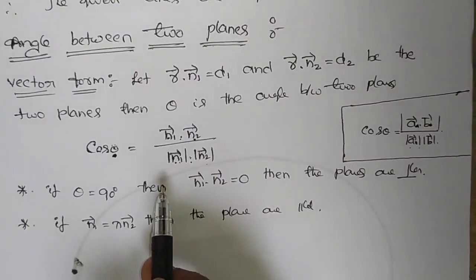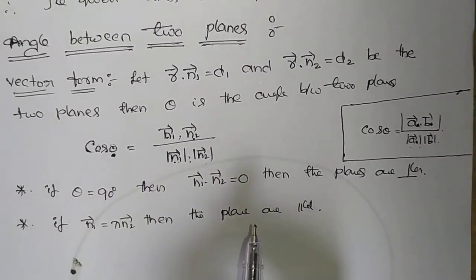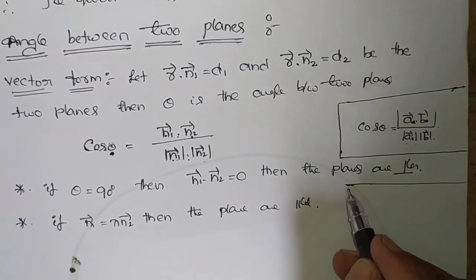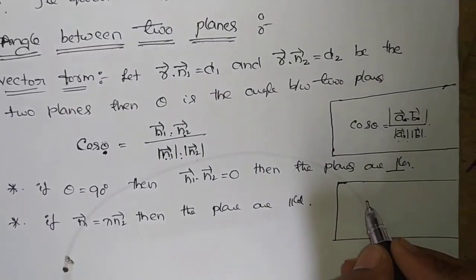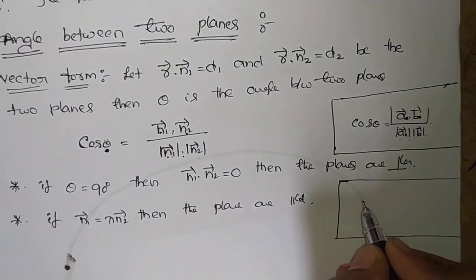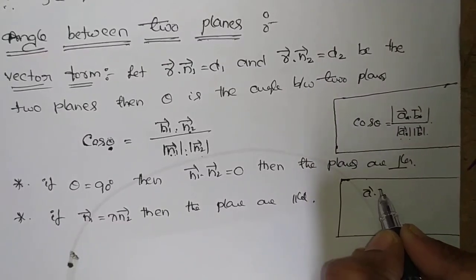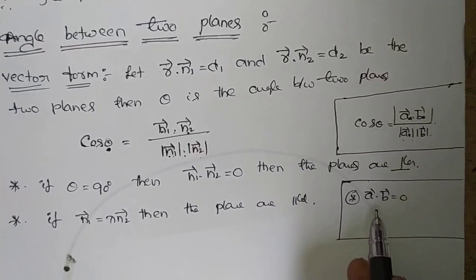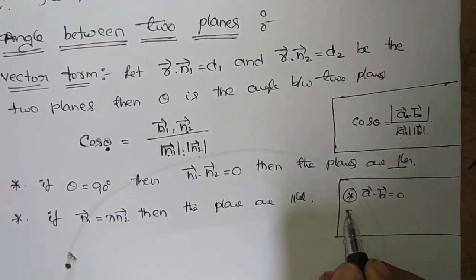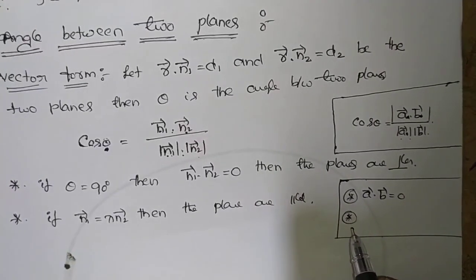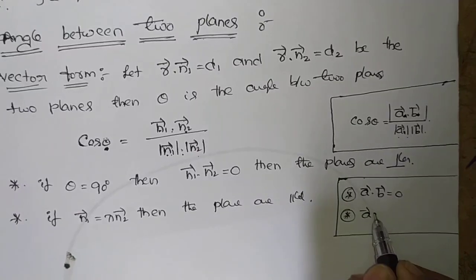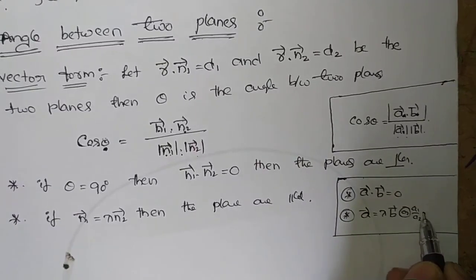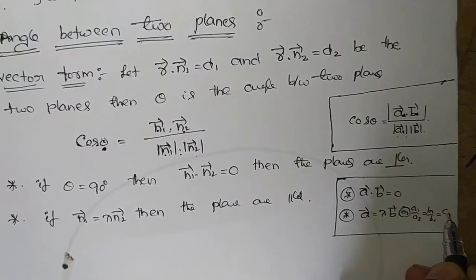So it is a concept very similar to vector algebra. There also, if two vectors are perpendicular, then a dot b equals 0. If two vectors are parallel, then a vector equals lambda times b vector, or a1 by a2, b1 by b2, c1 by c2.